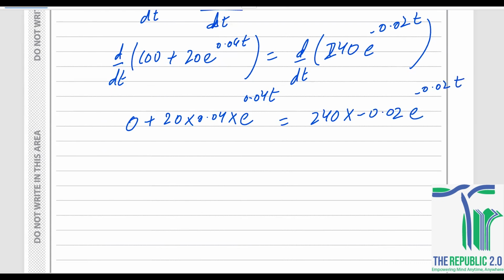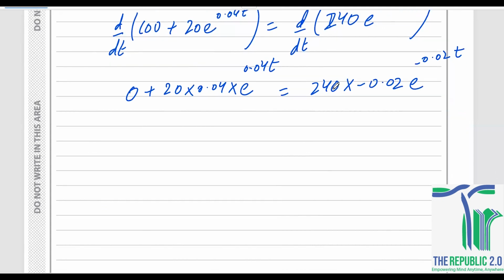That is going to be simple. Now when you solve it down, you just need to move the e's together. And if you move the e's together, you would have 20 times 0.04, which is something like 0.8. It is going to be 0.8 e to the power of 0.04t.